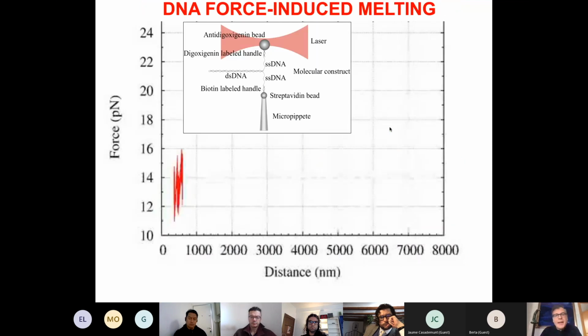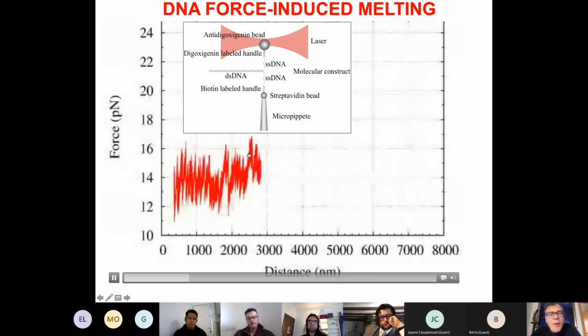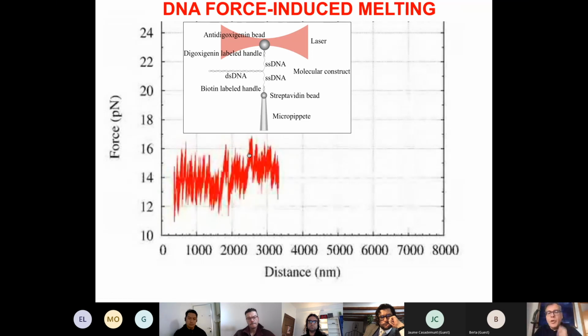Here I show you the example of unzipping. So here you see that's the unzipping experiment. We take the double-stranded DNA, we pull from the ends, and we measure this curve here. So this is unfolding. This is unzipping of a molecule which is about 7,000 base pairs. Every base pair contributes to about 1 nanometer of extension, releasing extension.